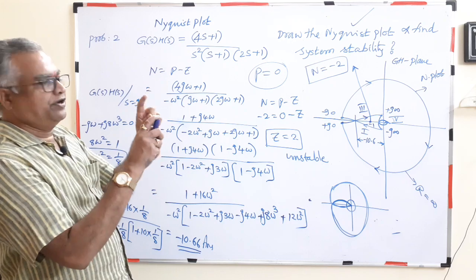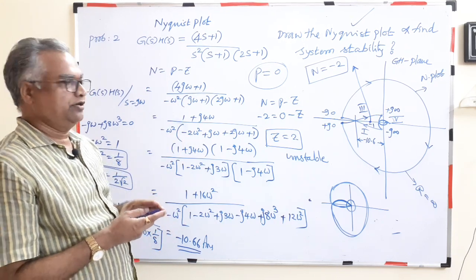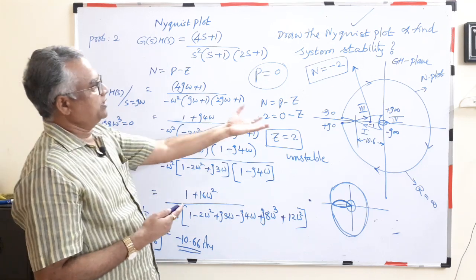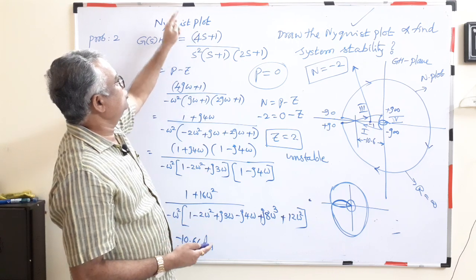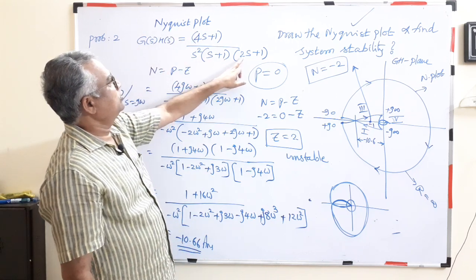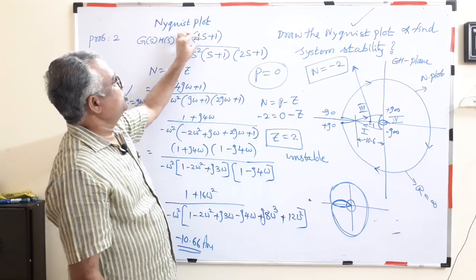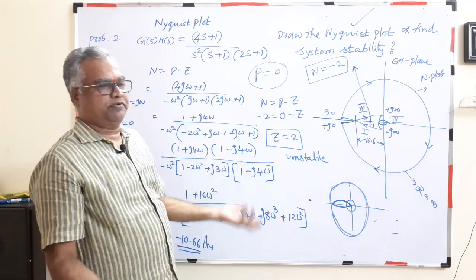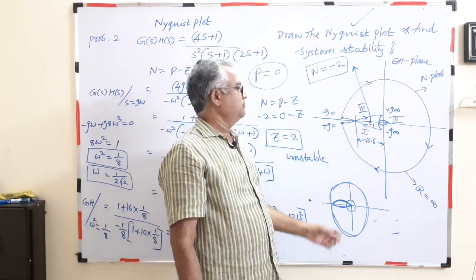Every problem, different shapes will come. There are special cases also. Every problem is a model. How do you practice a problem? You take some other numbers. This 4 replace with 2, here 2 change it to 3, here you put 2. Just change the numbers and do the analysis just for practice. But the plot shape remains the same.